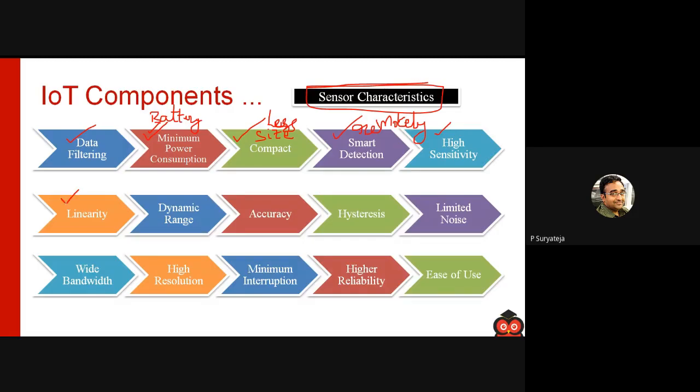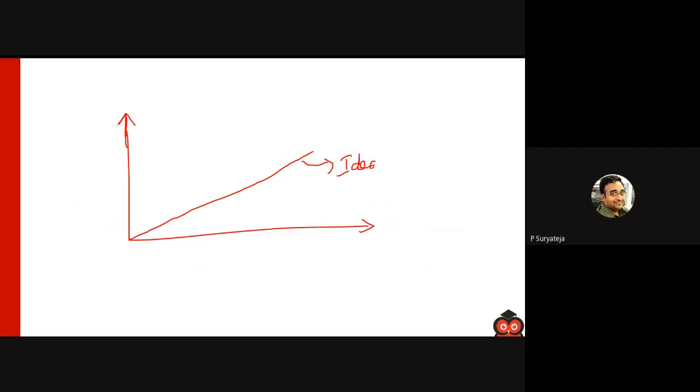And next, linearity. What does linearity mean? It is the extent to which the measured output can deviate from the ideal output. Let me draw. This is the expected, ideal output. Let's say again we are measuring temperature. The ideal change in the temperature should be like this, linear.